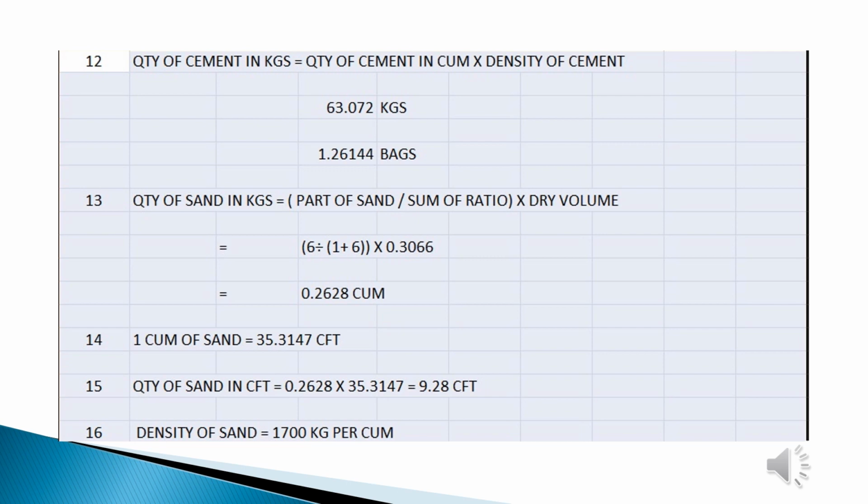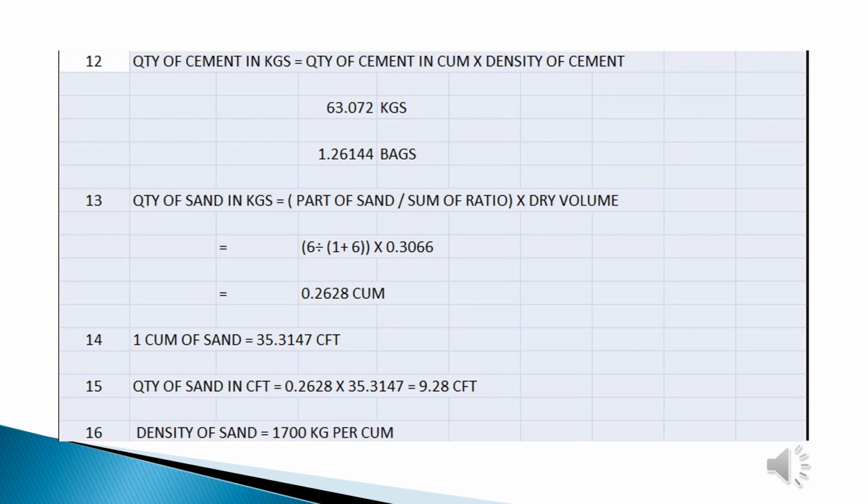Moving forward, next step is quantity of sand. Part of sand divided by sum of the mortar ratio into the dry volume. Part of sand equals 6, sum of the mortar ratio 1 plus 6 equals 7, and dry volume is 0.3066. Putting this value in the formula, we get the quantity of sand as 0.2628 cubic meter.